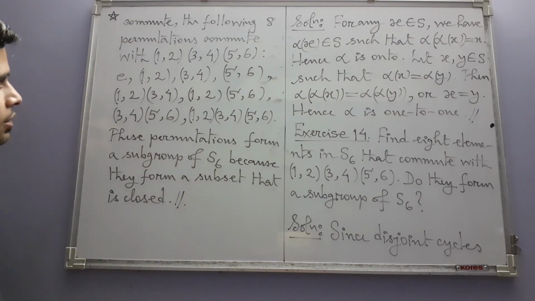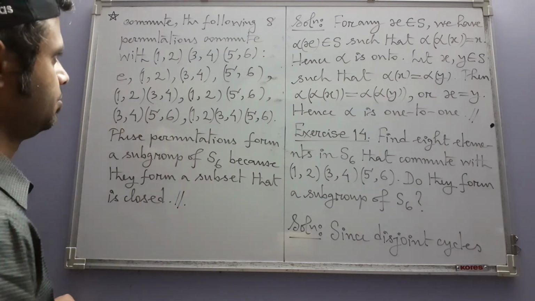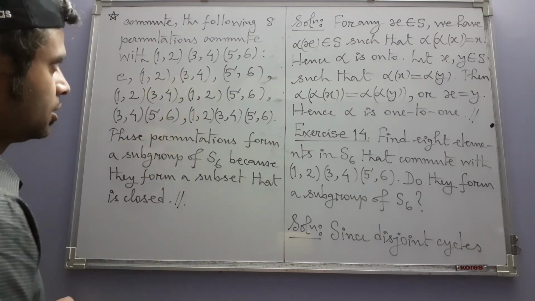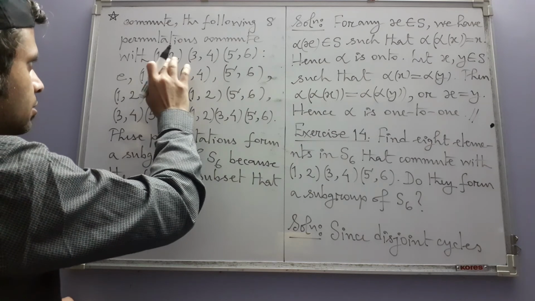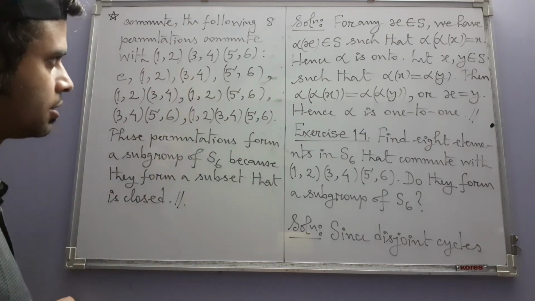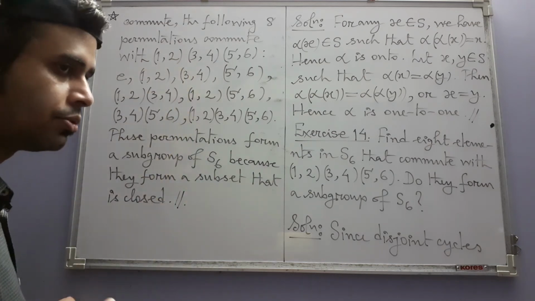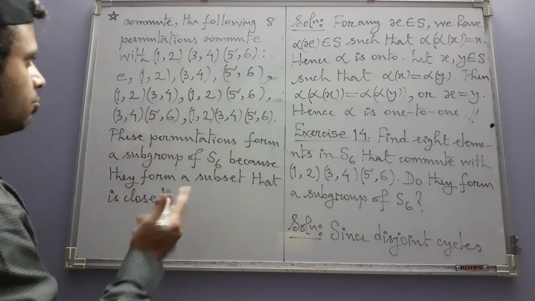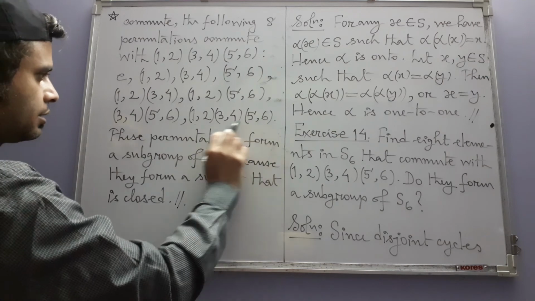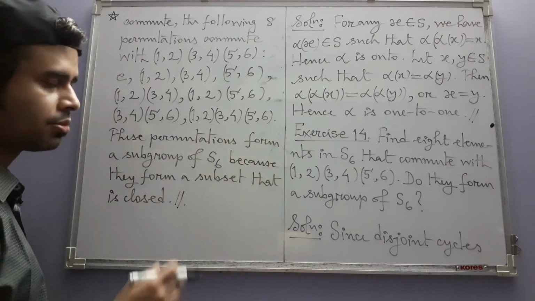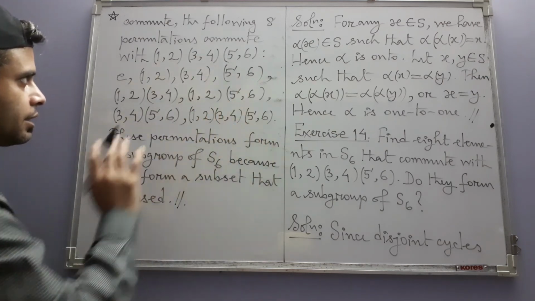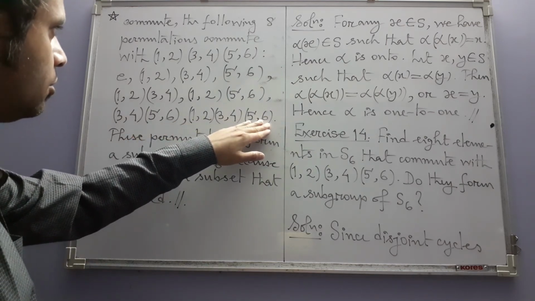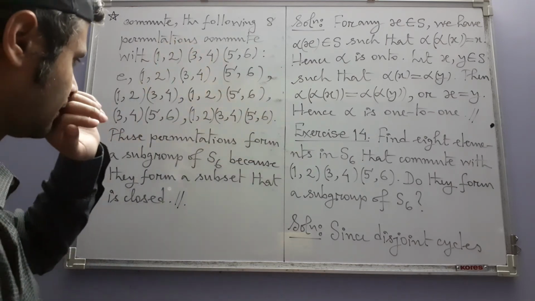In fact, it turns out to be the normalizer of this (1 2), because these are all the elements in S6 that commute with (1 2). Or in fact, why just (1 2)? We can take the element itself. It's also the normalizer of this element, because these are the things that commute with this element. Oh, so what I said right now is not entirely correct.